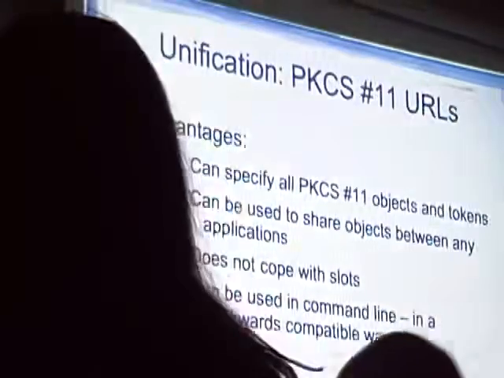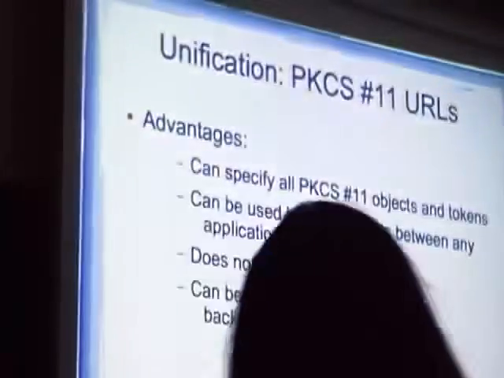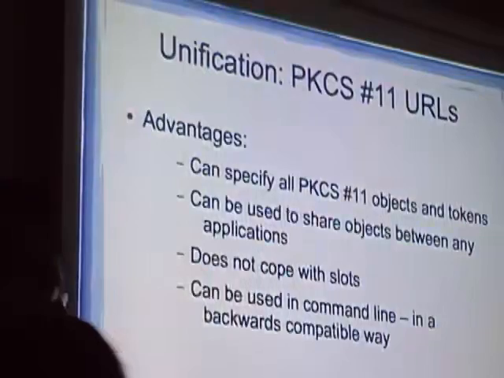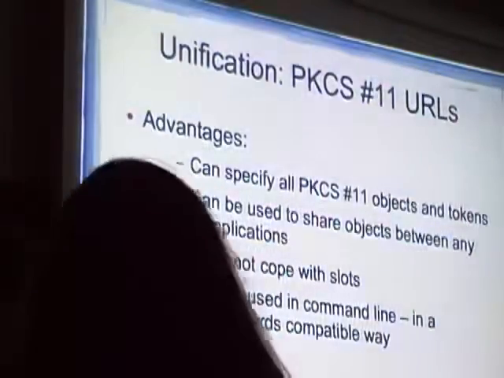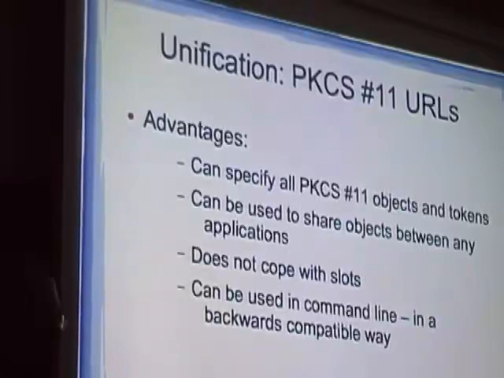So, what are the advantages of using URLs to identify objects? We can describe all tokens. It doesn't care about any slot. And it can be used to share between applications.